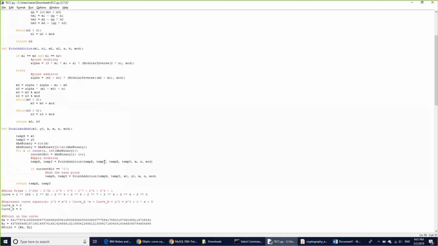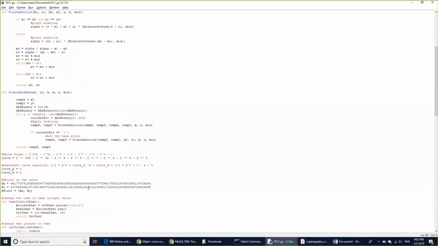The main advantage of ECC compared to other public key cryptographic techniques is that it uses a smaller key and provides equal security. Because it uses a small key, the processing overhead is much lower compared to the other techniques.